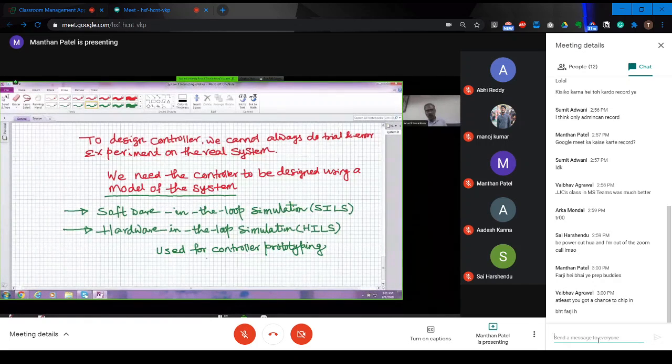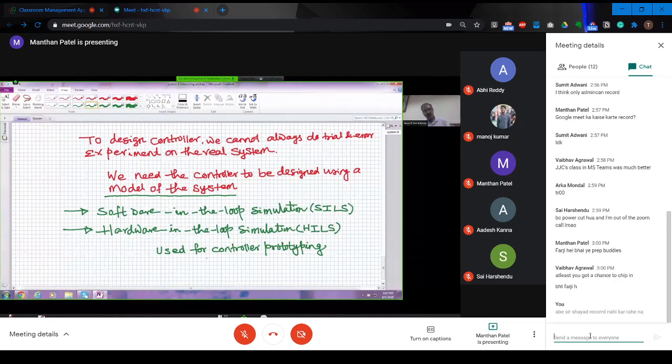So you develop your controller either by using a model of the system in the simulation, which we usually do initially, and then you again use the model of the system, but instead of the software controller, you plug in the hardware controller.